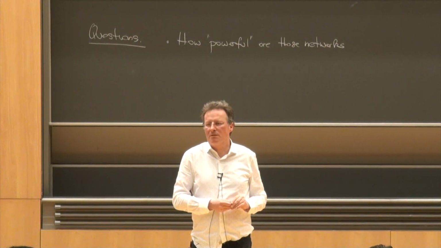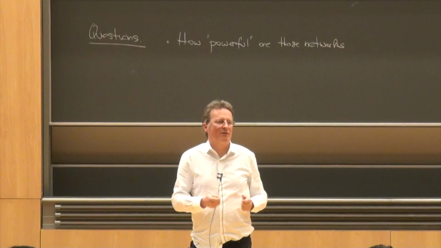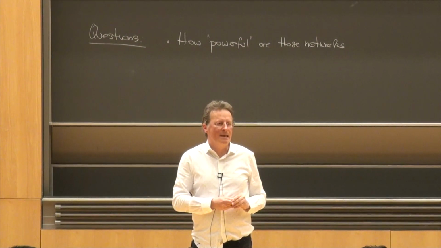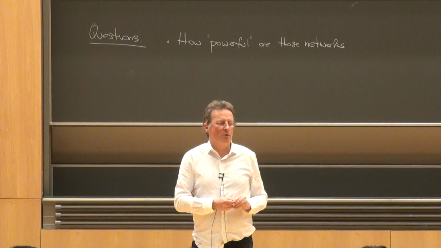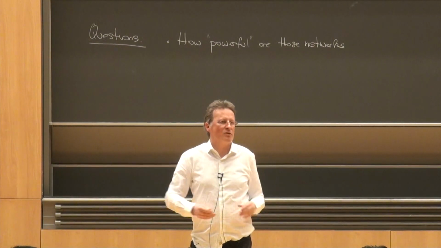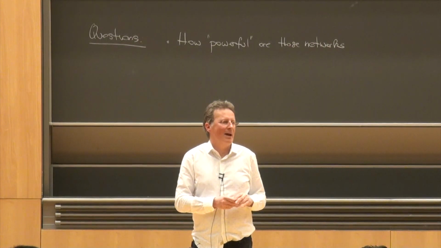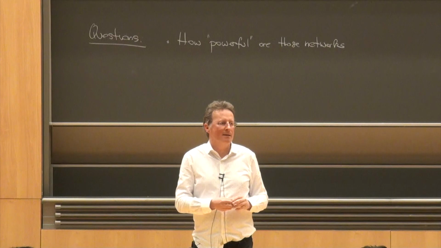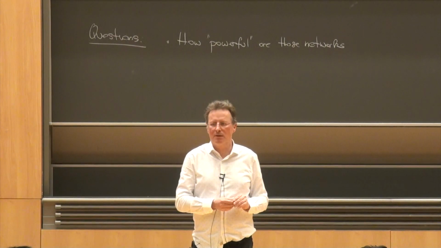And the question is whether this function class is a rich function class, because if only very specific functions can be implemented, perhaps that's not very useful. We'll see that in principle, if we don't give it very stringent constraints on how many nodes there should be, any reasonably smooth function in a bounded domain can be approximated arbitrarily closely.